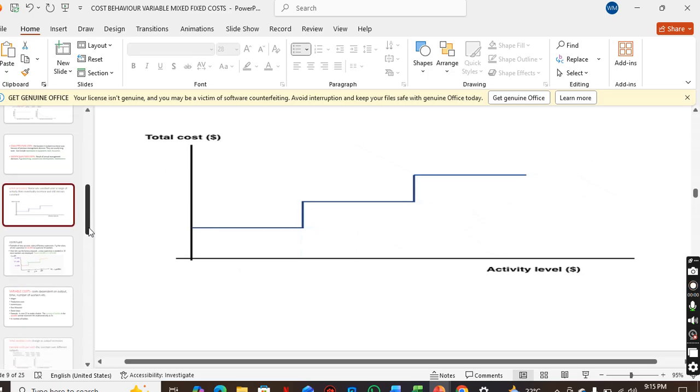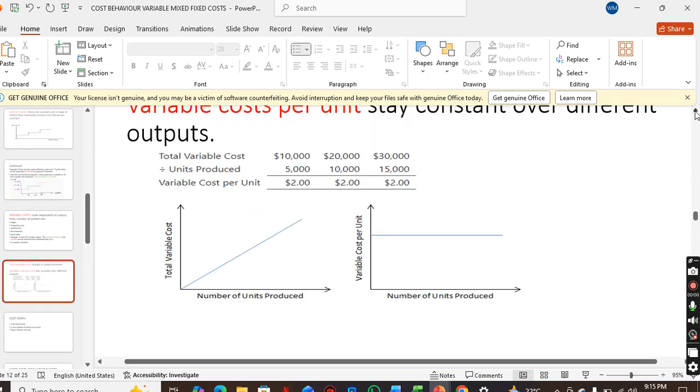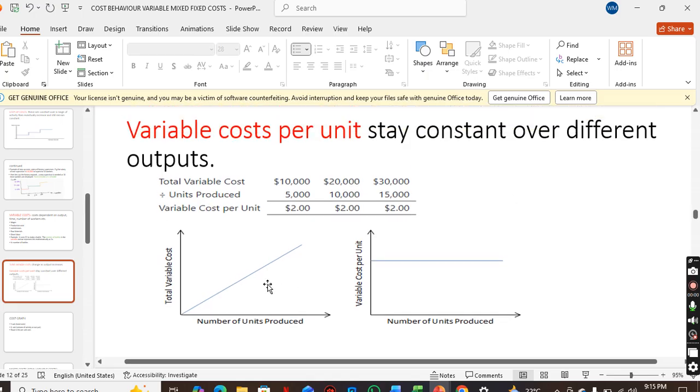Okay, we now go to variable costs. Variable costs, as we said, are dependent on the number of units that you produce. Produce more, they increase. You produce less, they reduce. But we want to find out how variable costs per unit act.